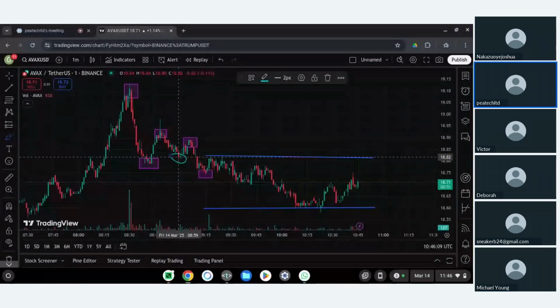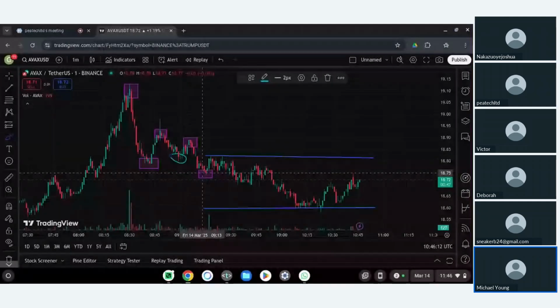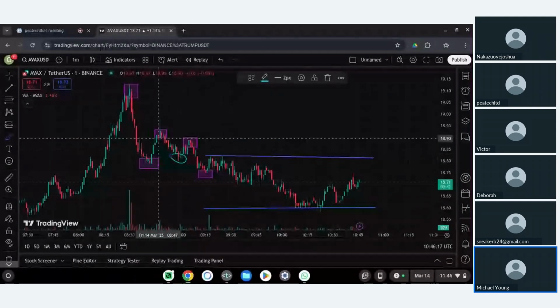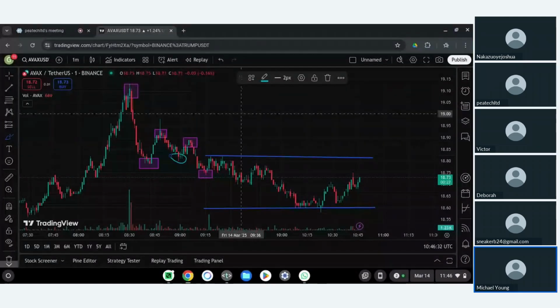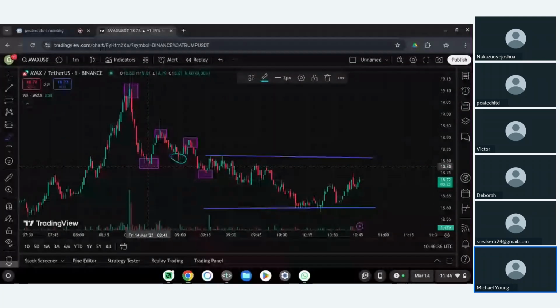Okay. All right. Because this place is lower than this place, and this place is higher than this place. What's the condition for a low to be valid in a bearish market? What makes a particular point a valid low? Okay. For example, this low right here is a low.